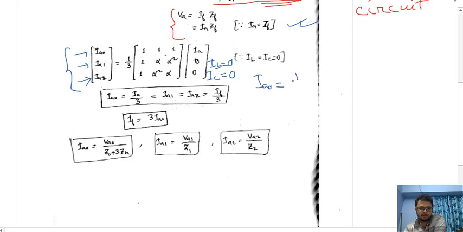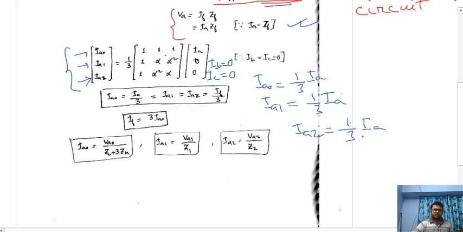IA0 equals 1 by 3 IA, then IA1 is 1 by 3 IA, and IA2 equals row into column, 1 by 3 IA only.